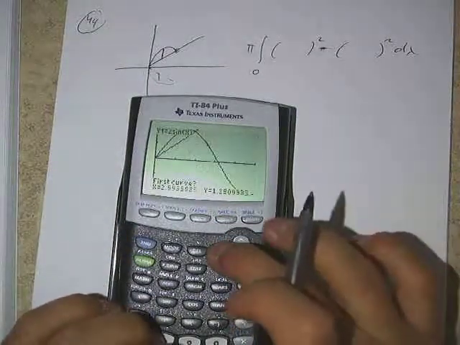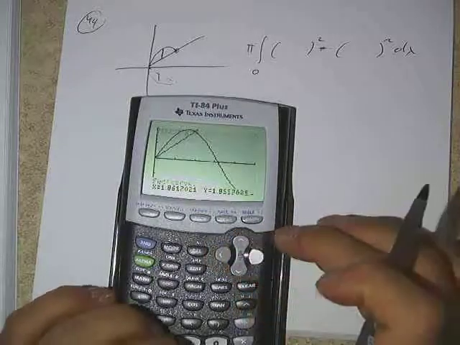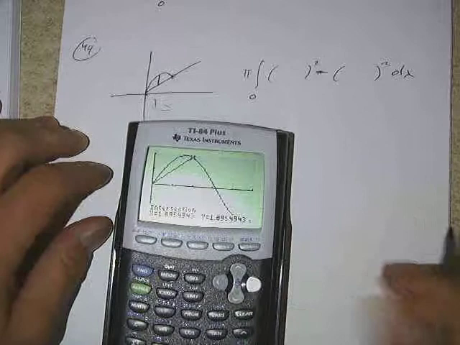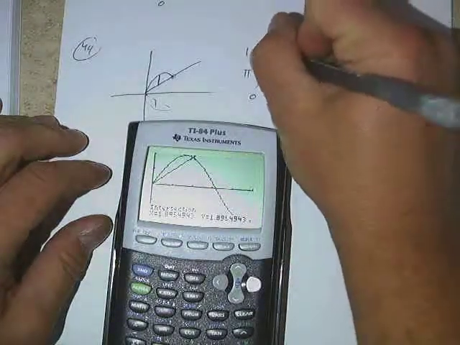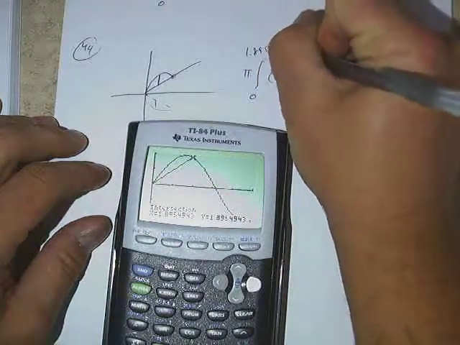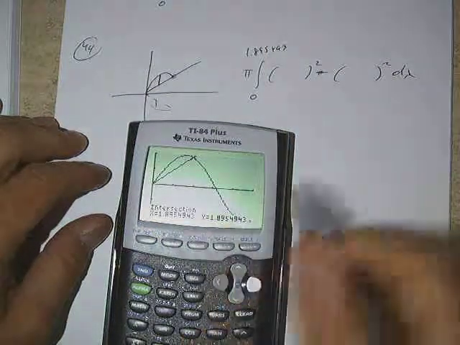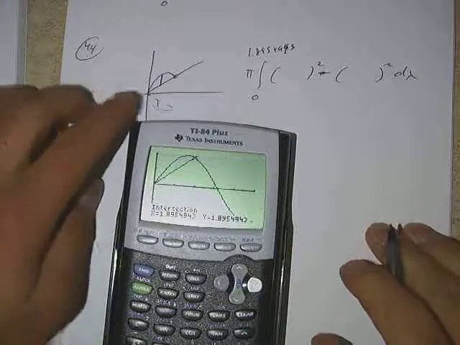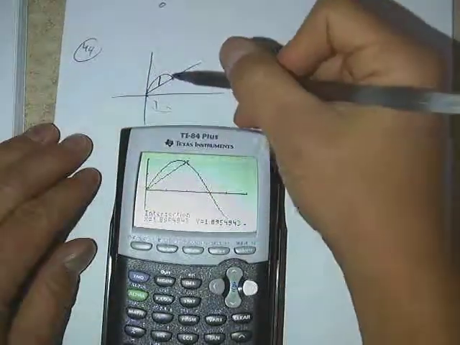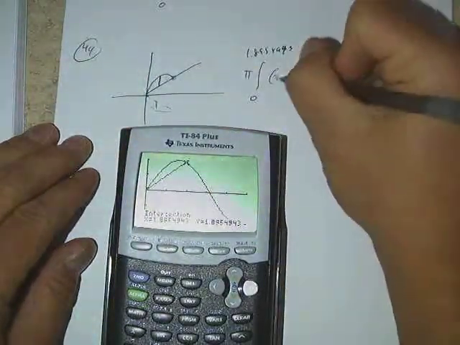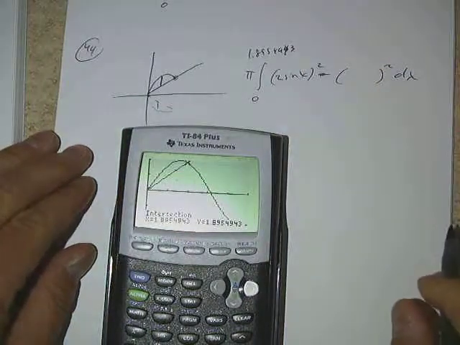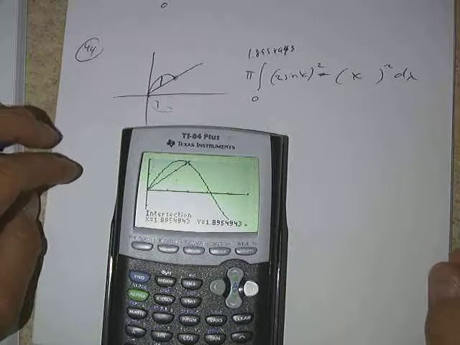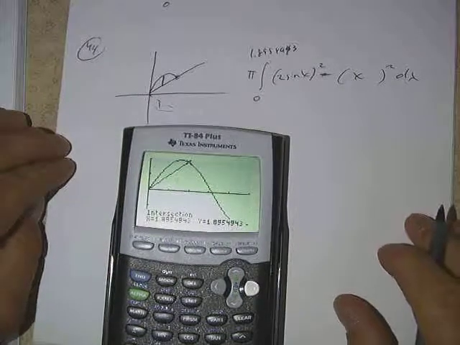The integral here, limit-wise, is going to go from 0, we can see, to whatever that intersection point is right there. And that intersection point, if you graph 2 sine x and x, and use our intersection command, may or may not be a nice answer.